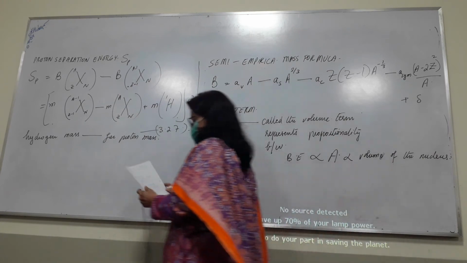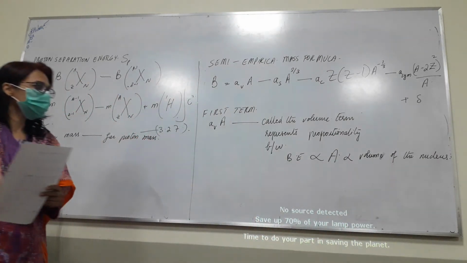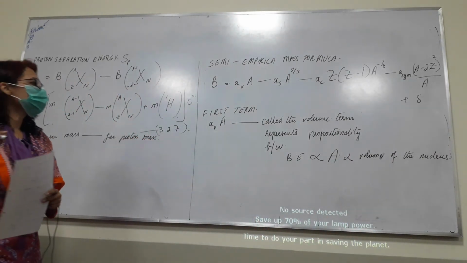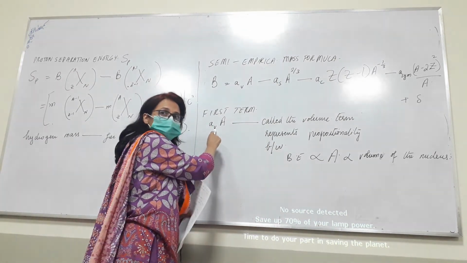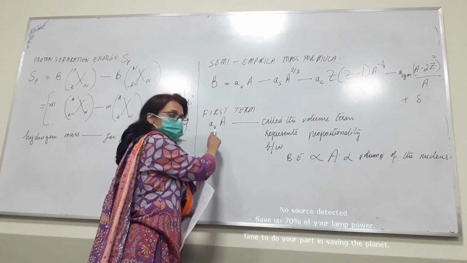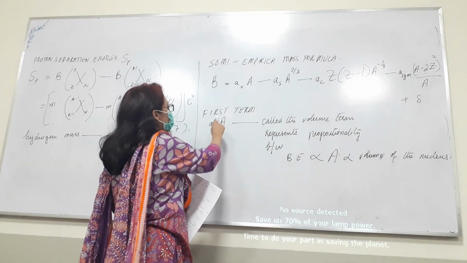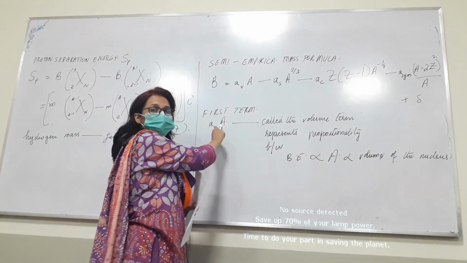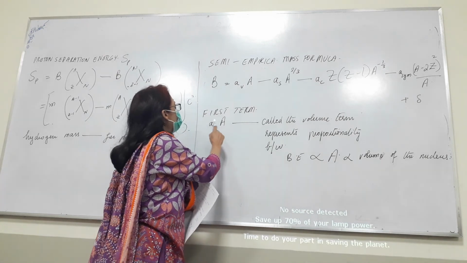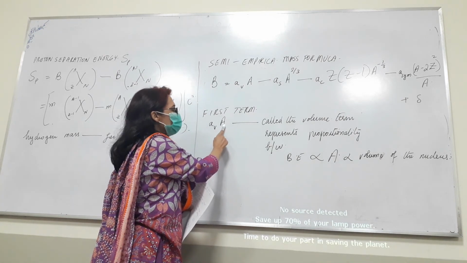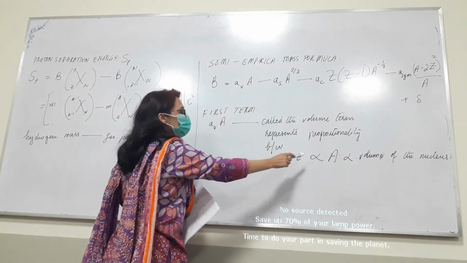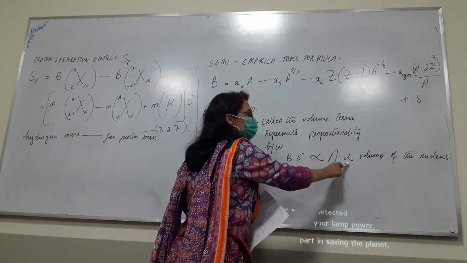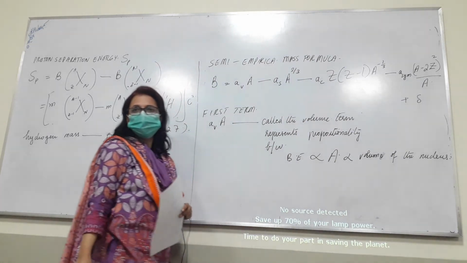The subscript V is for volume, and this capital A, as you remember, is the mass number, and this multiplied by A shows that the binding energy is proportional to capital A, and this is proportional to the volume of the nucleus.